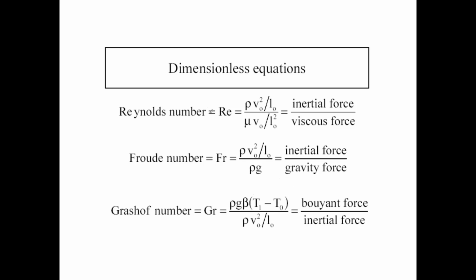For example, I know you know a lot about the Reynolds number. When the Reynolds number is low, up to 2000, we know the flow is laminar, while if we have a Reynolds number in the thousands, or 20,000, that means the viscous force is very low compared to the inertial force, so it would be turbulent flow.